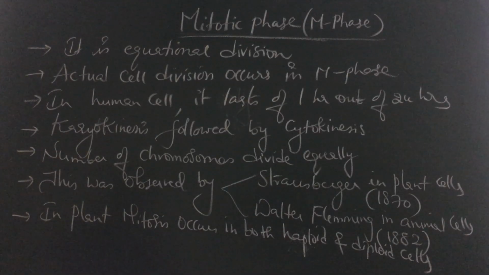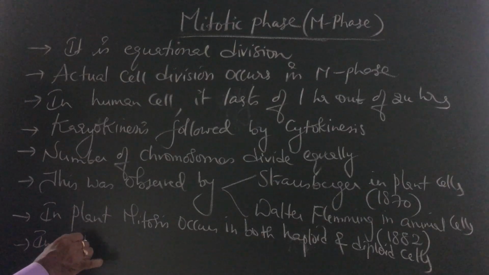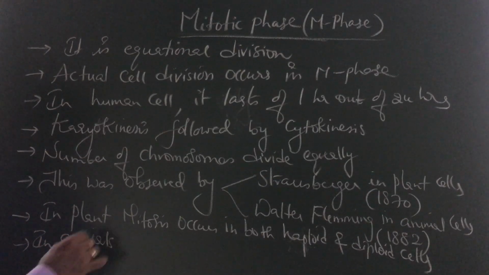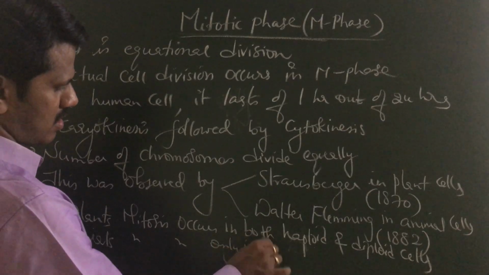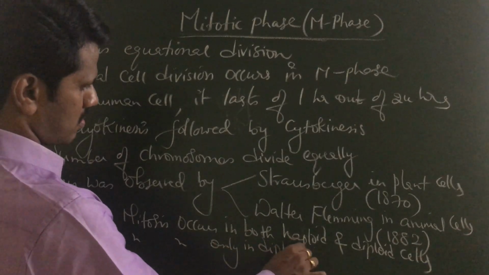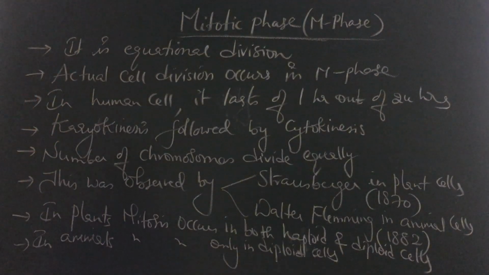Whereas in animals, it occurs only in diploid cells.